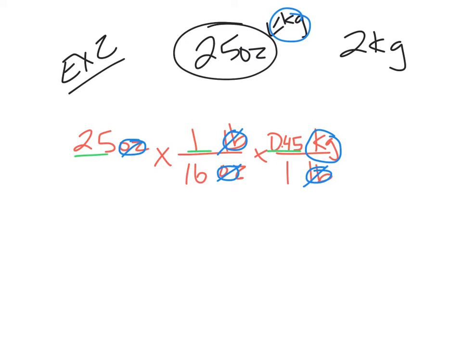25 times 1 times 0.45 is what? What's 25 times 0.45? 11.25. And then you just divide that by 16, because 1 times 16 times 1 is 16.